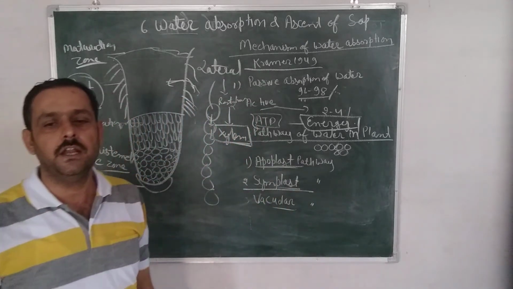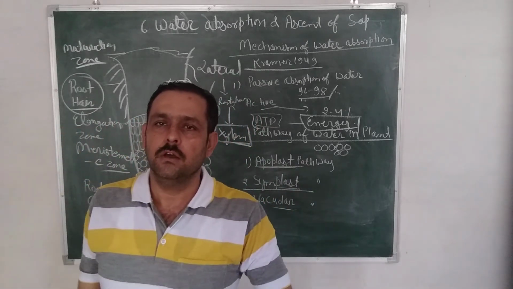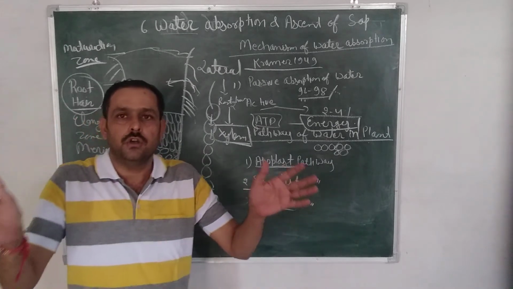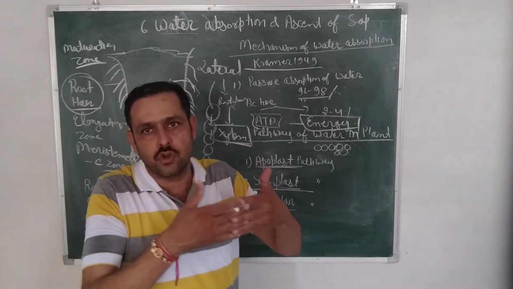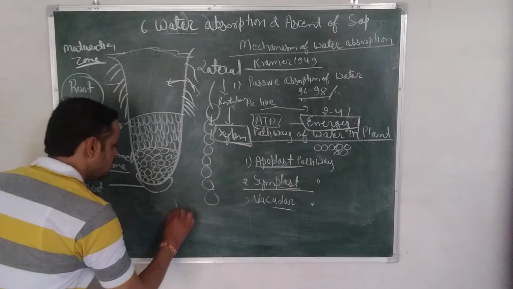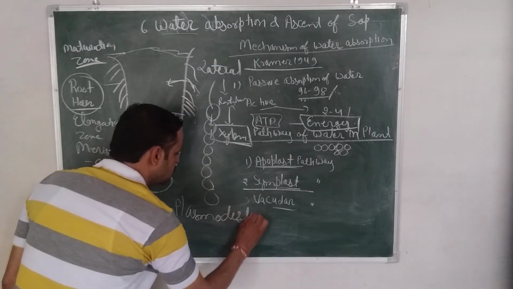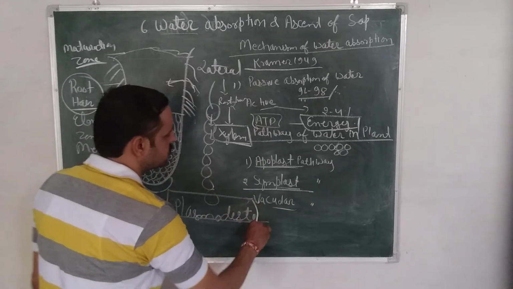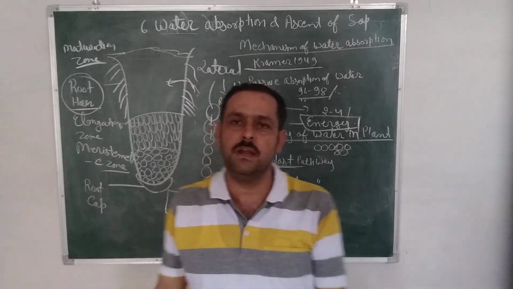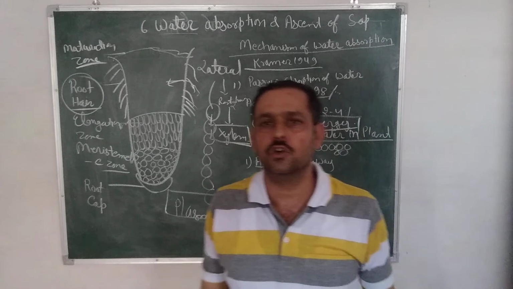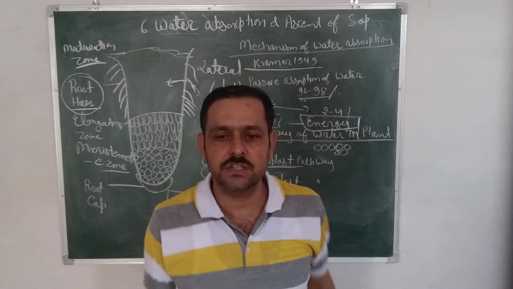Symplast pathway, it is a living pathway. As you know, two cells are conjoined with plasmodesmata. Plasmodesmata are the connections between two cells, made of protoplasm, and protoplasm is the living part of the cell.